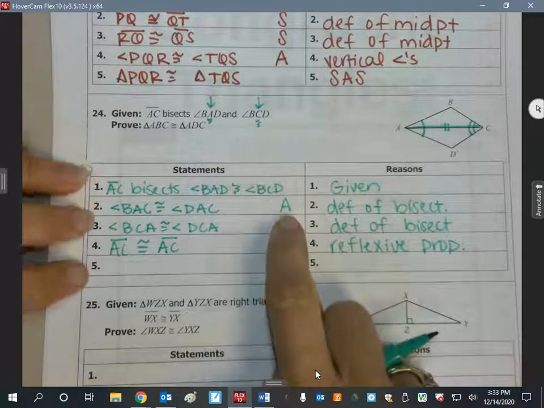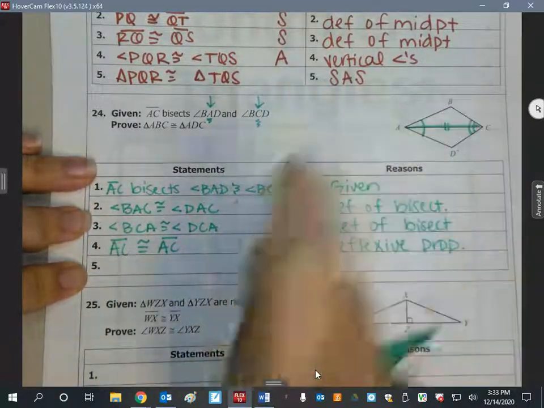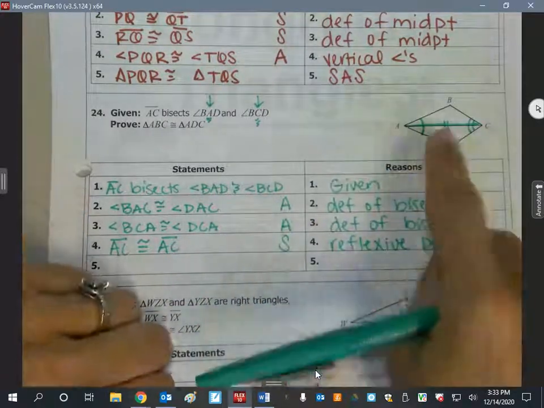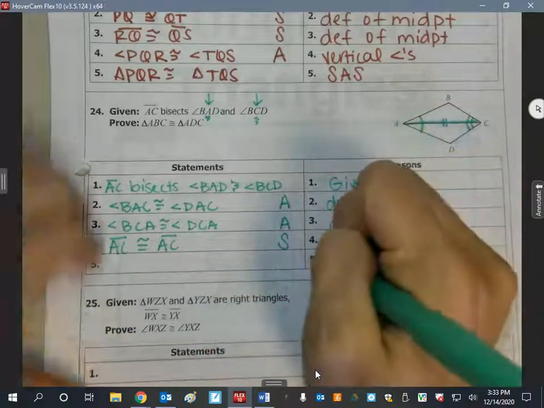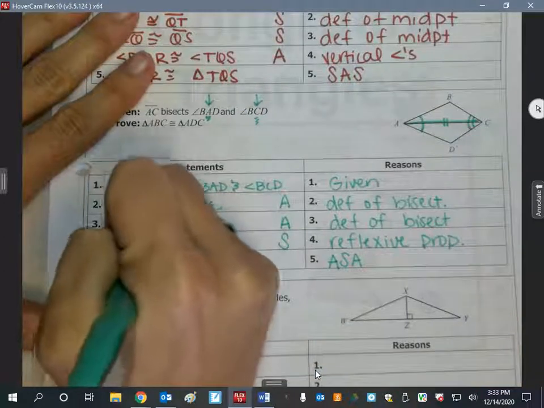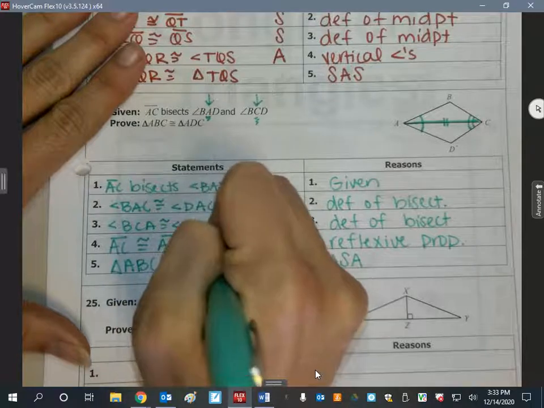Those are angles. I have angle BCA and angle DCA. Those are also angles. And I have side AC, and that's a side. So I look at my picture, and I see that I have angle, side, angle. And that is the last reason for the prove, triangle ABC is congruent to triangle ADC.